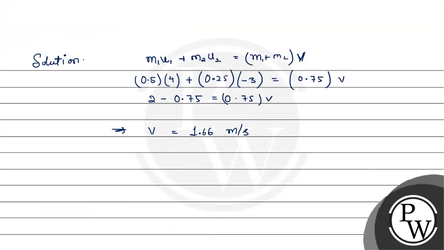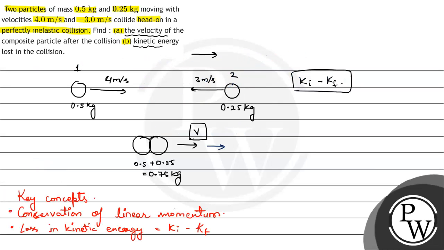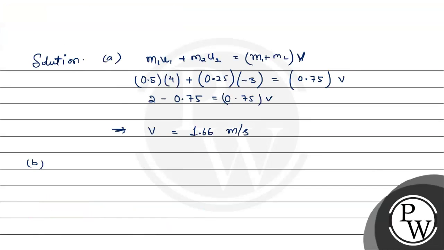Now for the second part, this was A part. Now for B part, what do we have? We have to calculate kinetic energy lost. So it will be equal to half m1 u1 square plus half m2 u2 square minus half m1 plus m2 times v square.